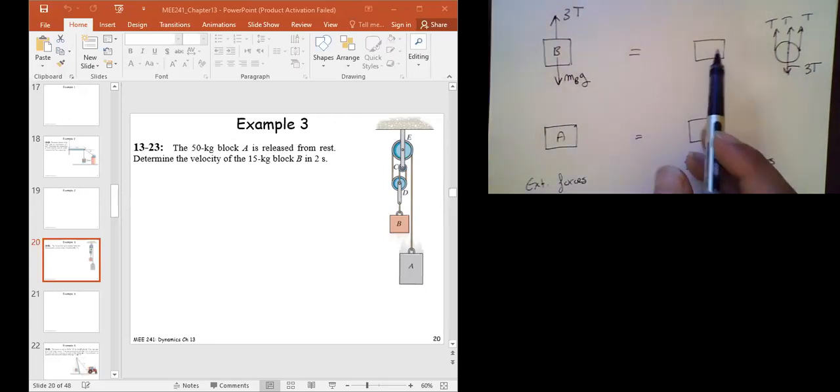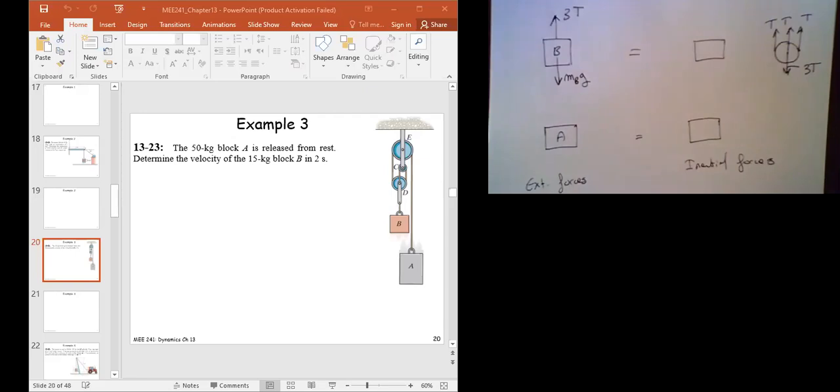Now how about the acceleration? Do we know the direction of the acceleration or not? We can assume that since A is heavier than B, it's going to go in the opposite direction.